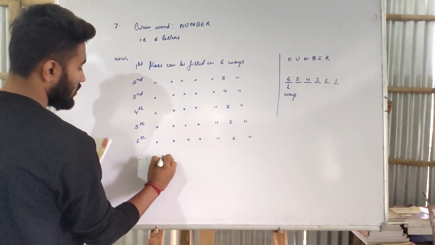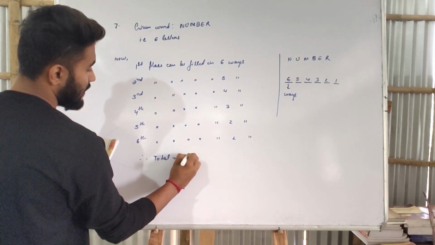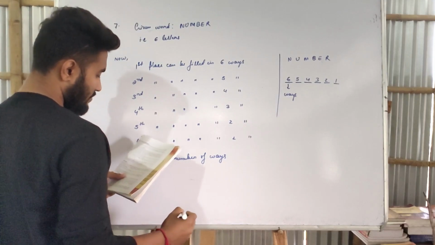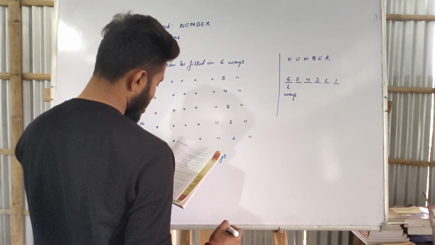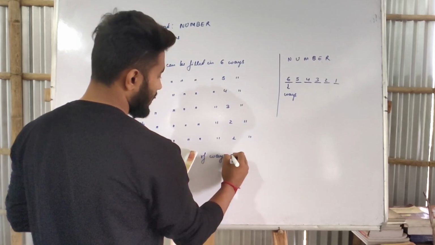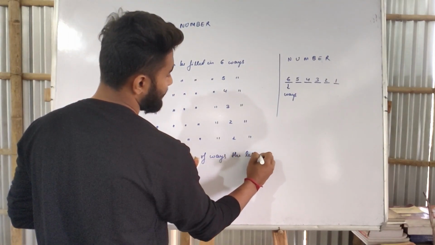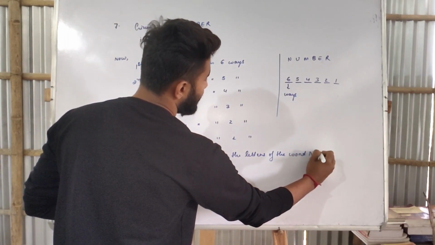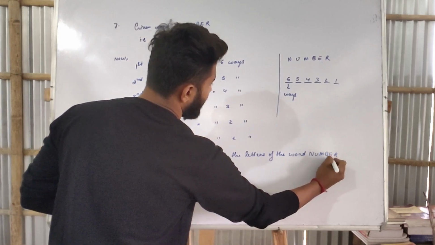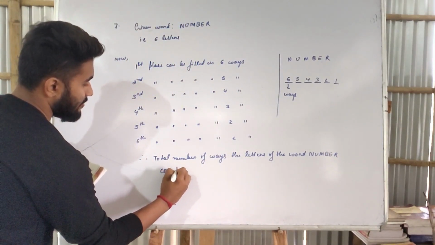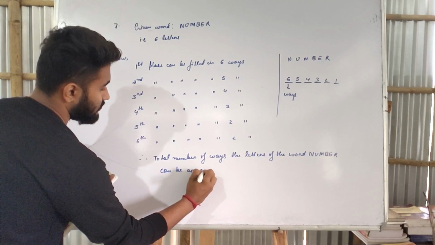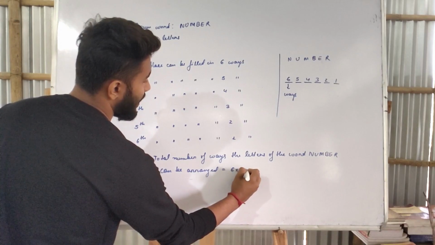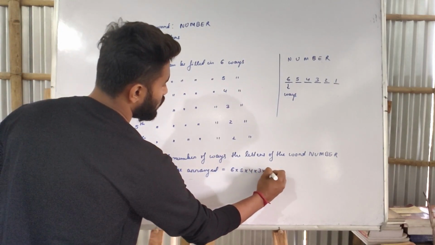Therefore, the total number of ways the letters of the word NUMBER can be arranged is equal to 6 into 5 into 4 into 3 into 2 into 1.